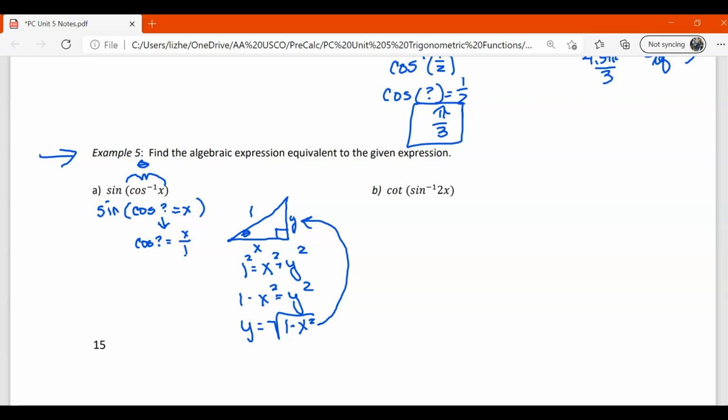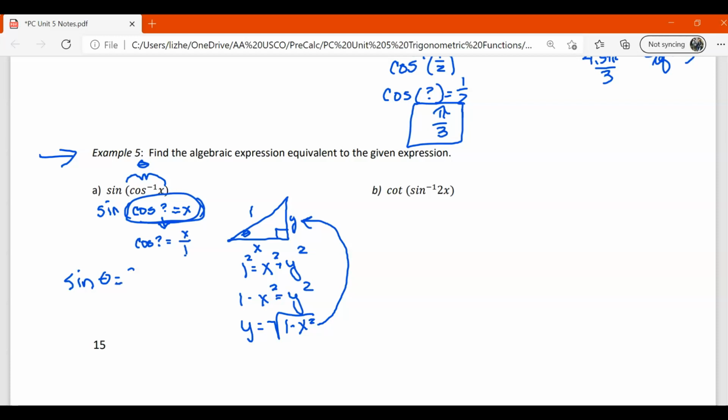And so all of this original problem said, what is the sine of theta? I have the triangle I'm going to use to solve that. Sine is always opposite over hypotenuse.